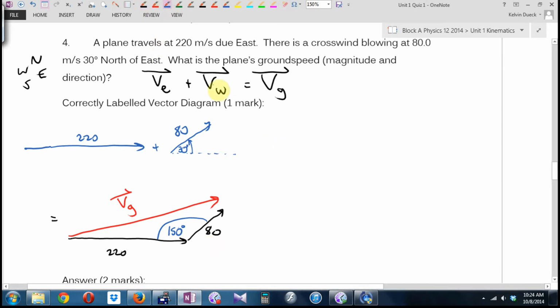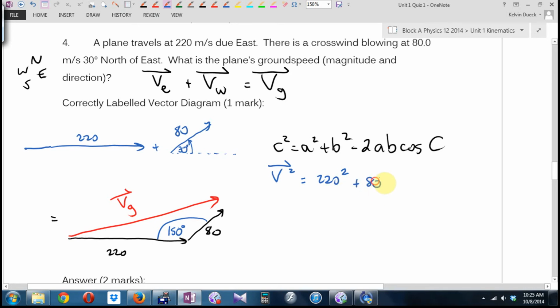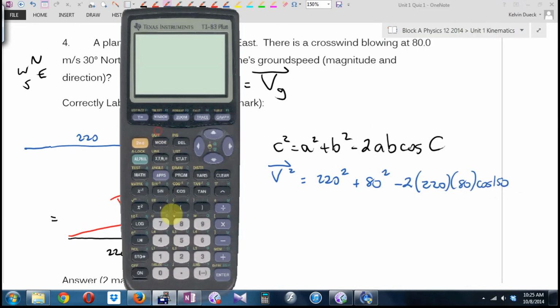The cosine law is c squared equals a squared plus b squared minus 2ab cos big C. V squared is going to be 220 squared plus 80 squared minus 2 times 220 times 80 times cos 150.